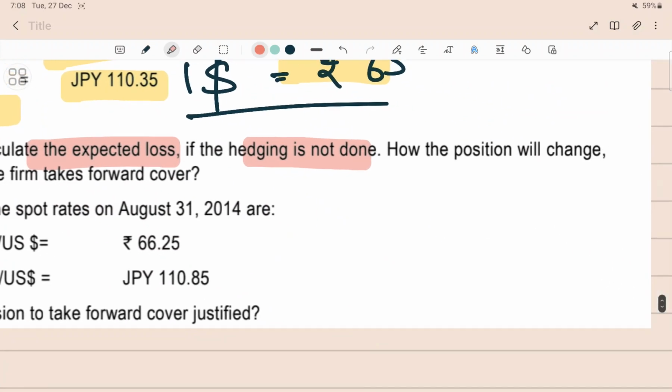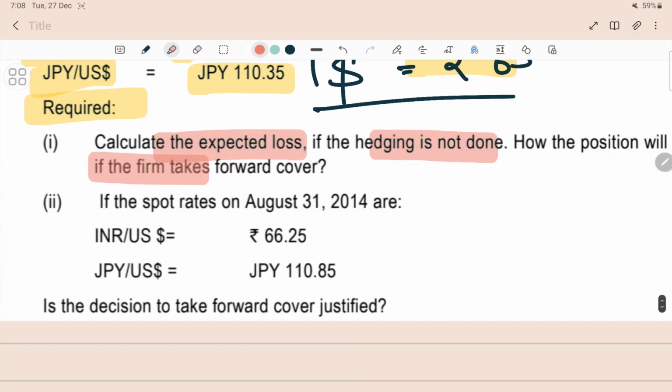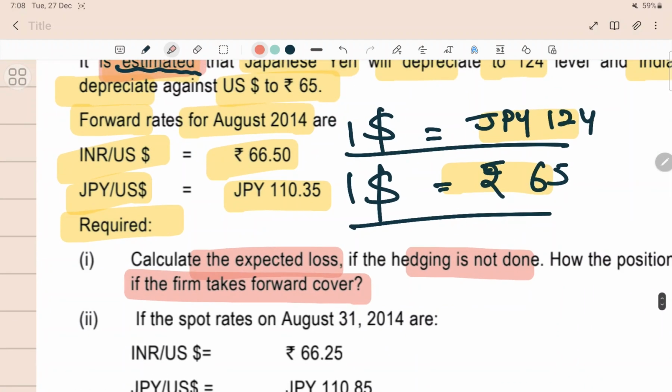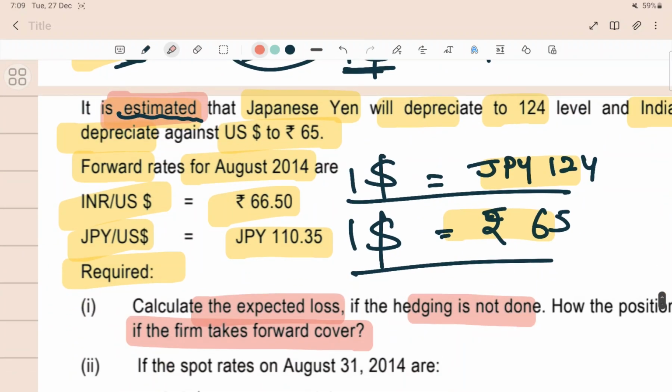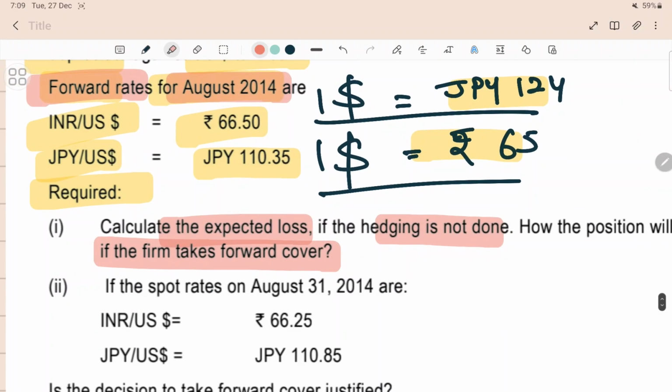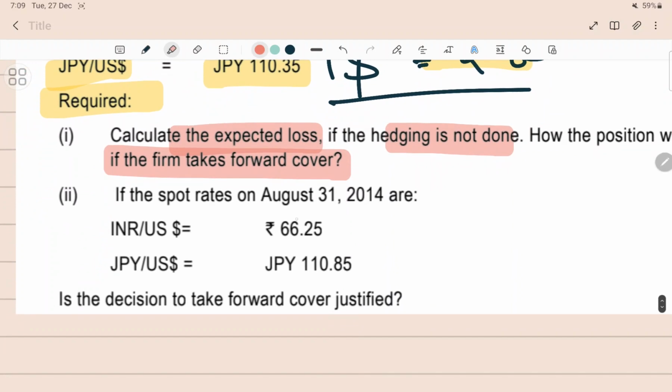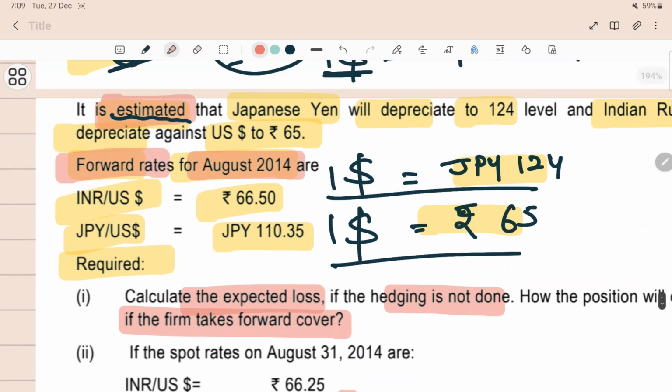And if the hedging is done, how will the position change if the firm takes a forward cover? If the forward cover is taken, then the difference will be between the spot and the forward rate. The second question we'll come to later on. First let us solve this particular part.